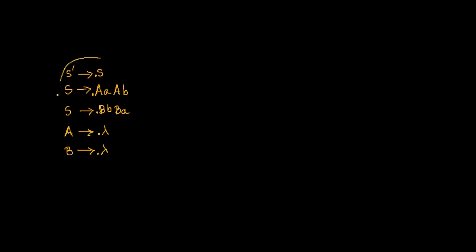So basically it will be something like this, say I1. If we explore S, it will become S to S dot.